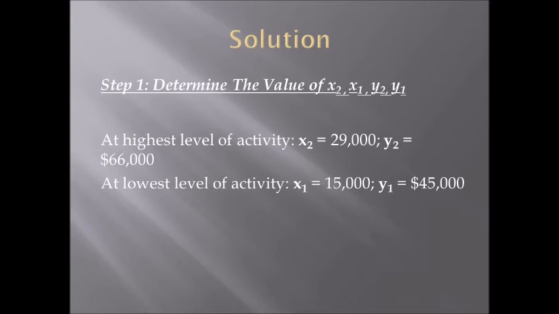Step number 1, determine the values of x1, x2, y1, y2. At highest level of activity, x2 equals 29,000, y2 equals $66,000. At the lowest level of activity, x1 equals 15,000 units and y1 equals $45,000.